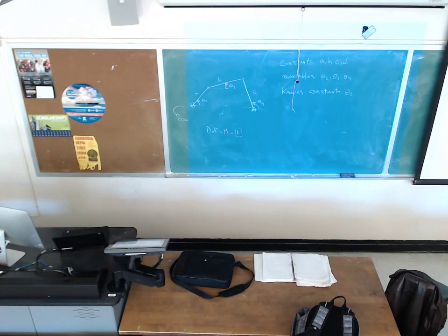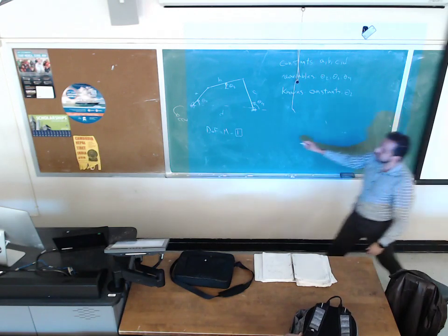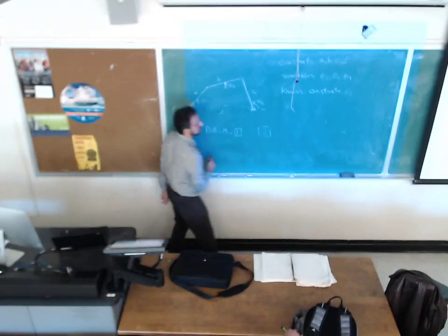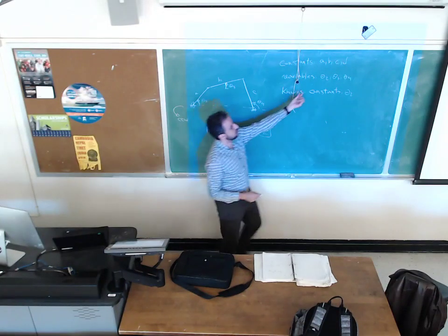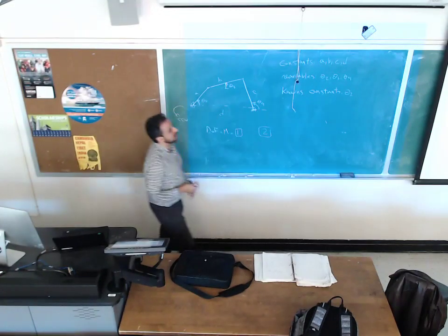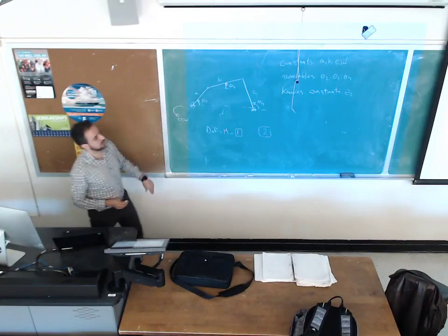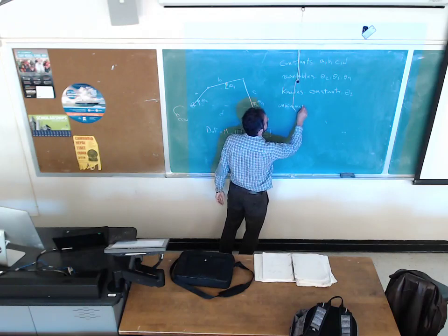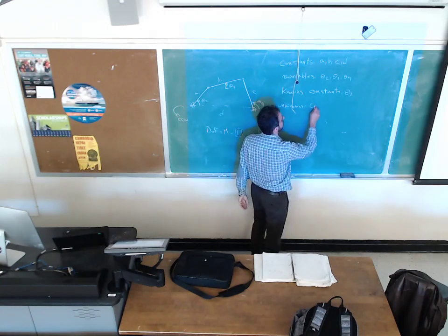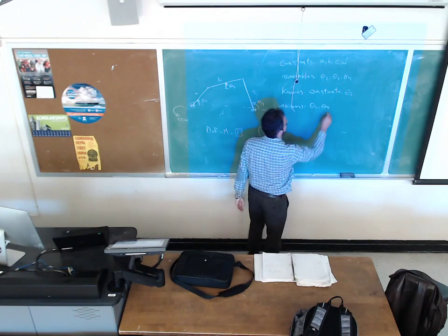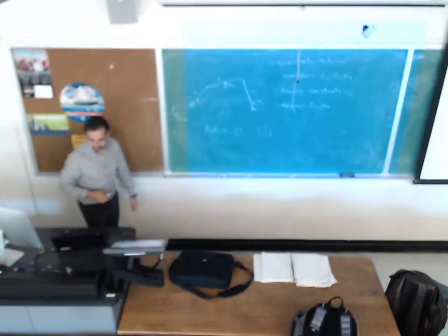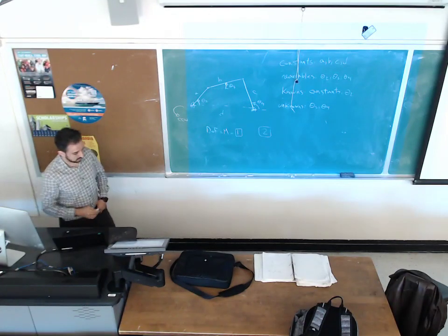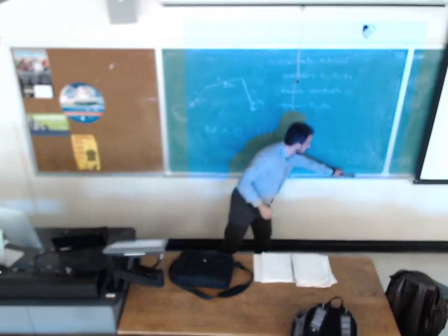So as you see, the number of variables which should be known should be equal to the number of degrees of freedom. If one mechanism has 2 degrees of freedom, then you should pick 2 variables as known and solve for the remaining variables. So the unknowns would be the remaining variables, which are theta 3 and theta 4.